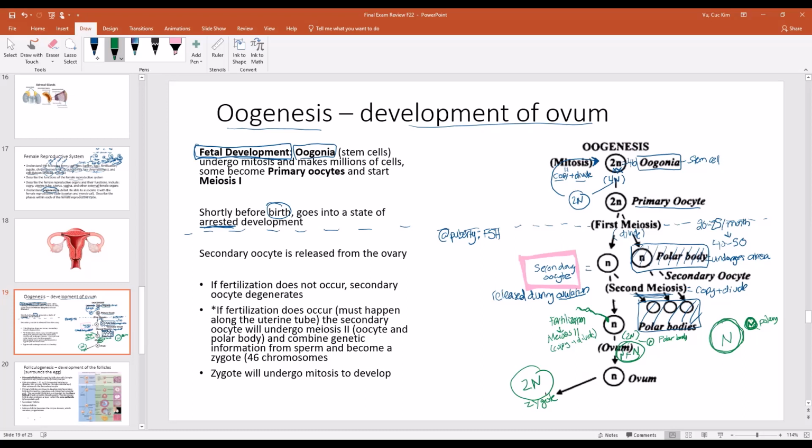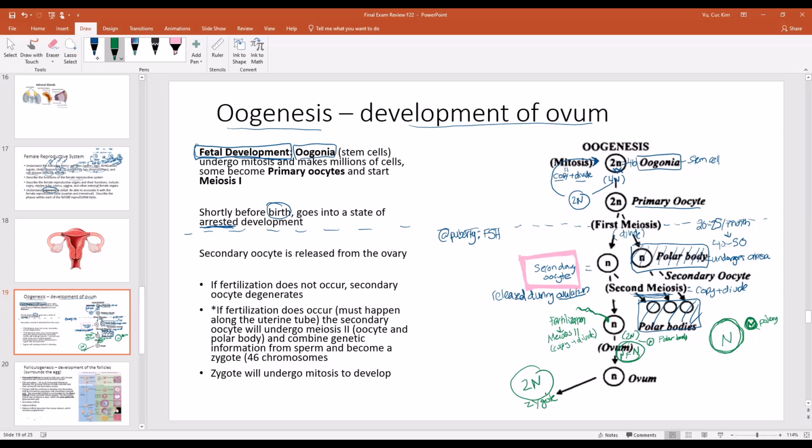Nothing happens. It stays as a secondary oocyte and is expelled through menstruation. Okay, so there's going to be another polar body that gets expelled? No, because it doesn't ever even go through meiosis 2. Oh, okay. So nothing happens?